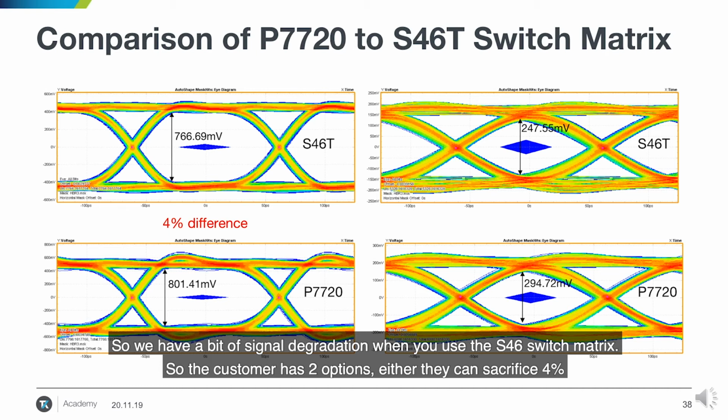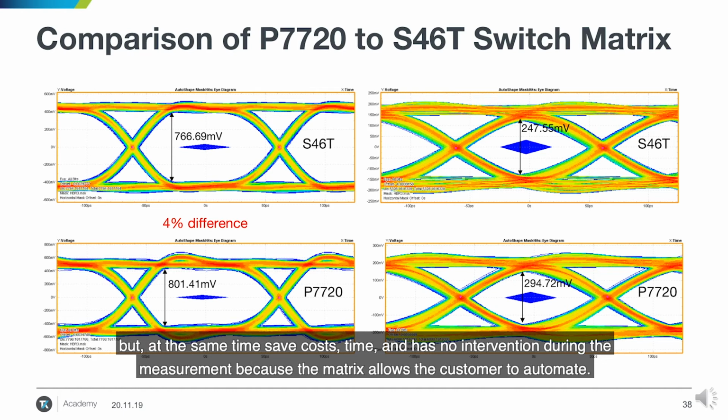So the customer has two options. Either he can sacrifice 4%, but at the same time he saves costs, he saves time, and he has no intervention during the measurement because the switch matrix allows the customer to automate his measurements.